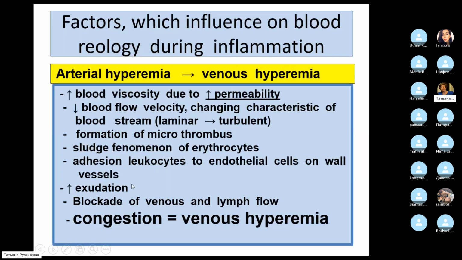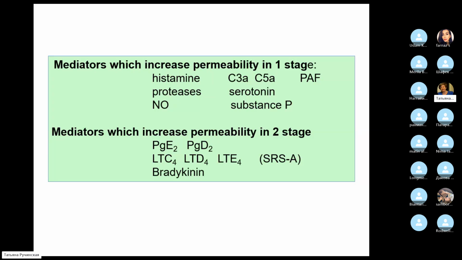As for bradykinin, it finishes its synthesis after 40 minutes. That is why it does not take part in the second stage. Yes, but its effect begins earlier, in the time period between arterial and venous hyperemia.